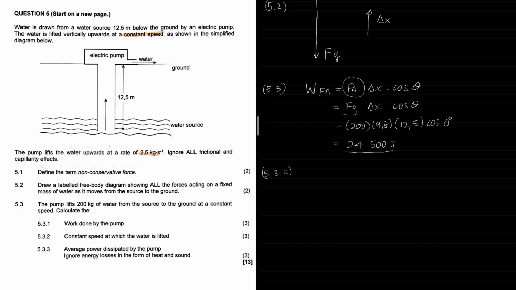So how long would it take for 200 kilograms to be picked up? The time is going to equal 200 divided by 2.5. That's equal to 80 seconds. So 80 seconds for 200 kilograms to be lifted up.